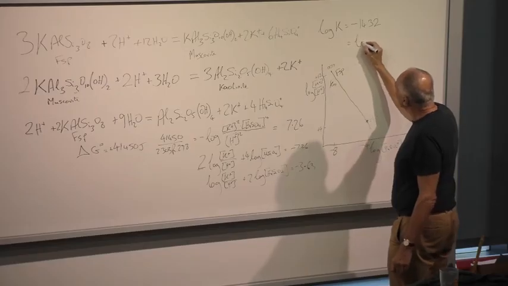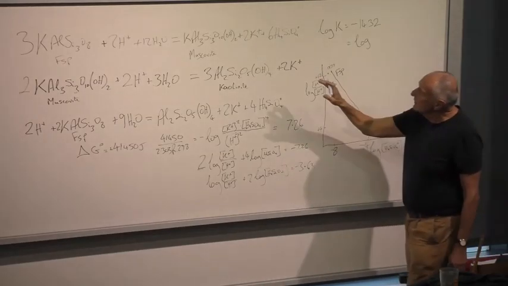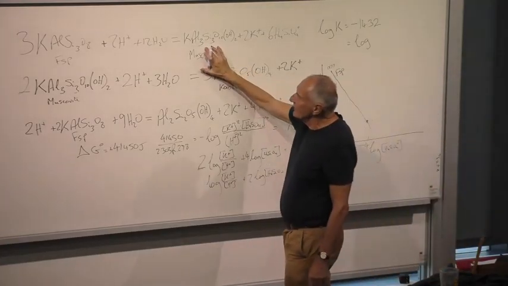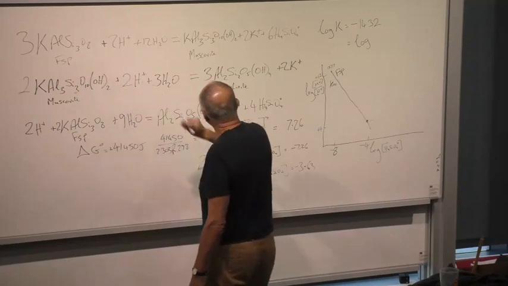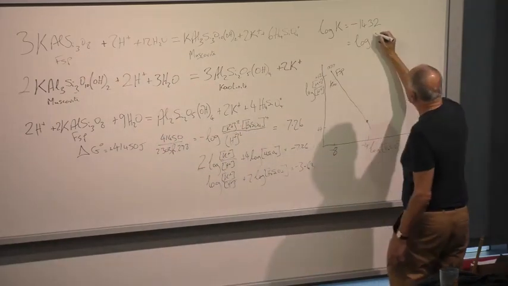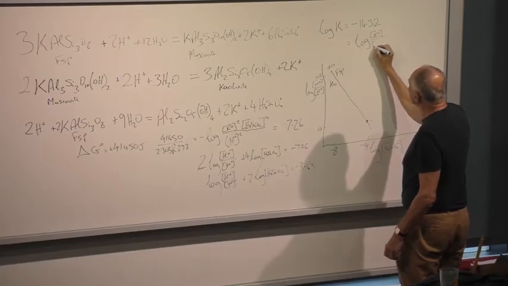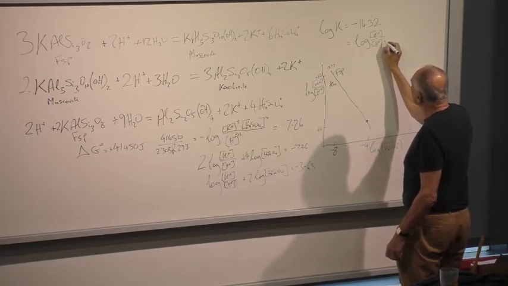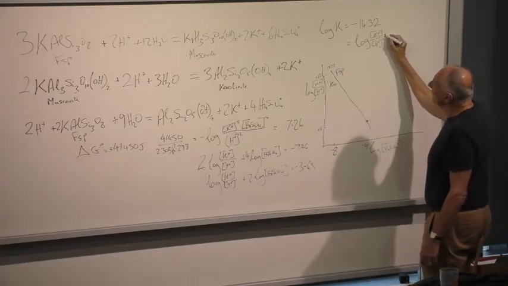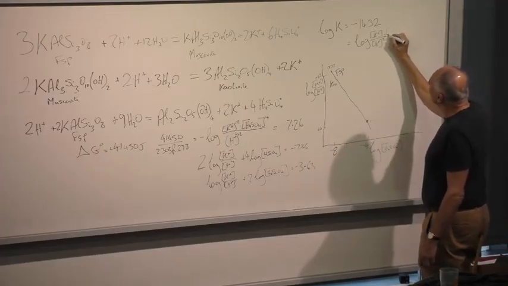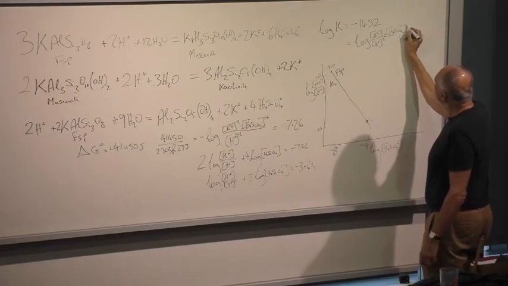And let's make the same assumptions as before, that this is in its standard state, activity 1, this is activity 1, and this is activity 1, so it's just K plus squared over H plus squared times H4SiO4 to the 6th.